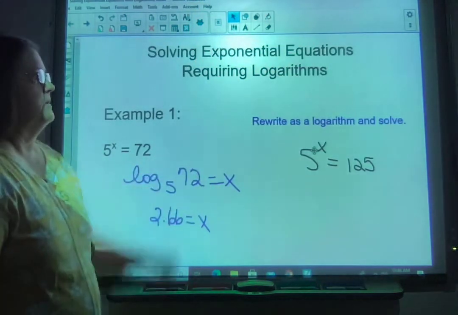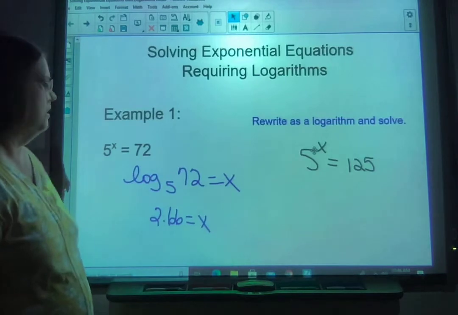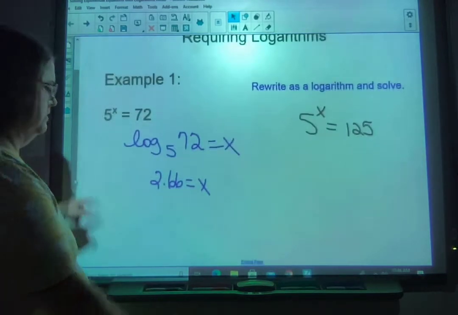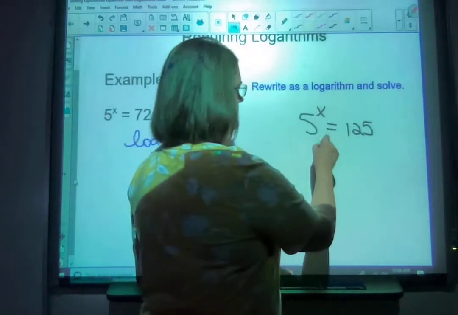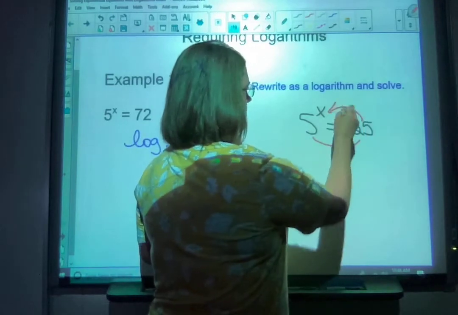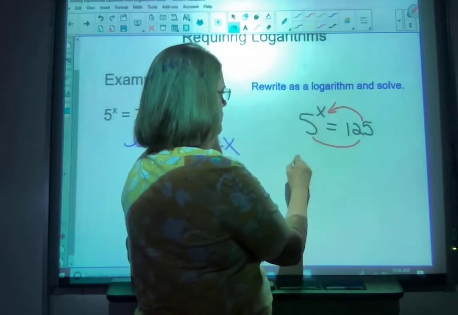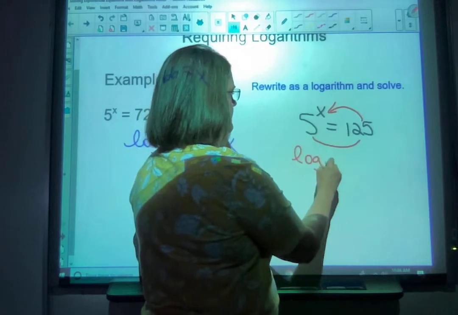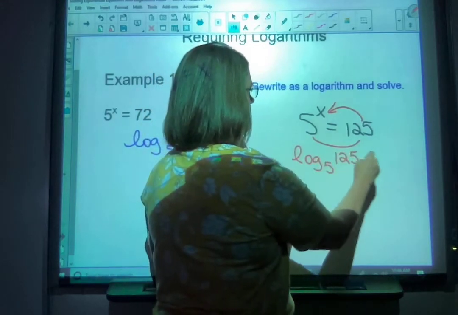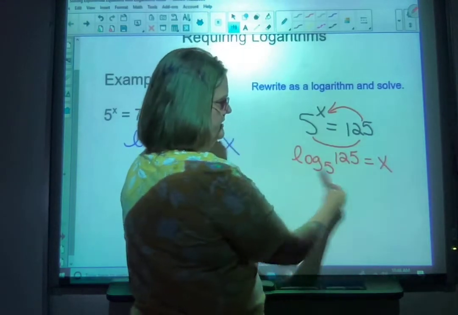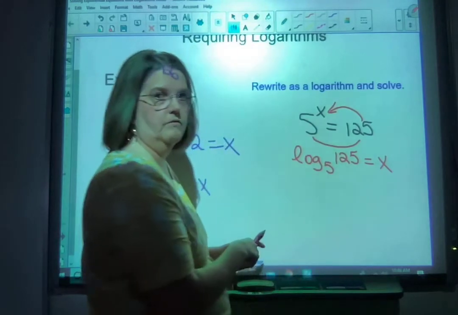So when that happens, what I need to do is a logarithm. And if you recall, we rewrite as a logarithm by doing this. If you remember the lesson that we had a few days ago, where we do log base 5 of 125 equals x, and then you can honestly put that in your calculator and it will give it to you.